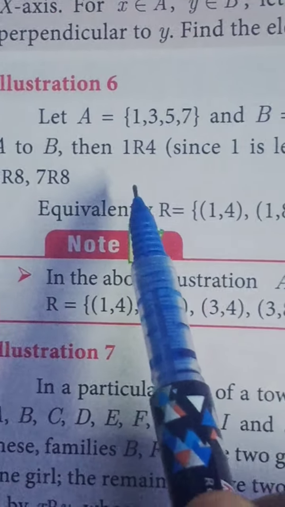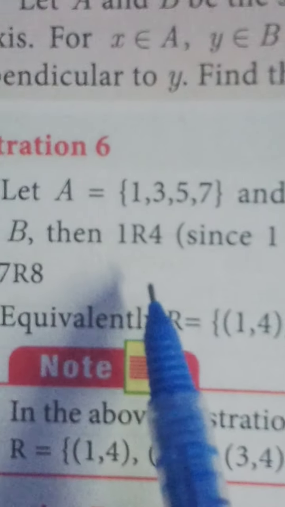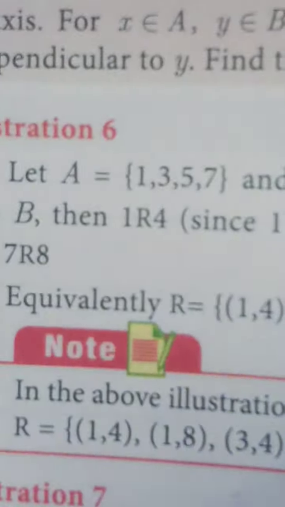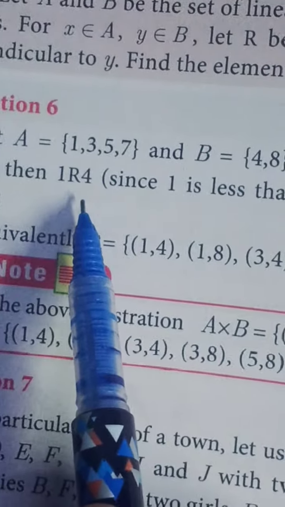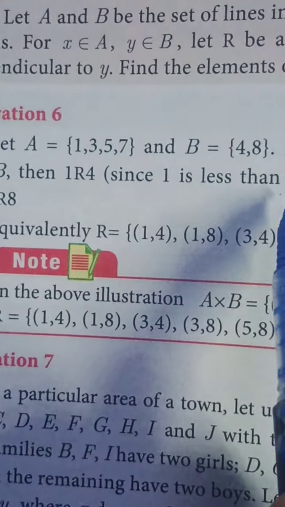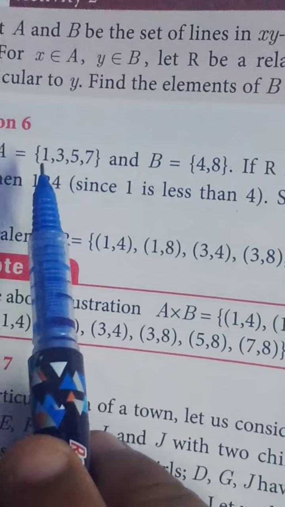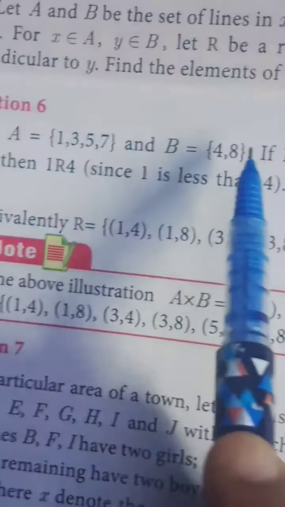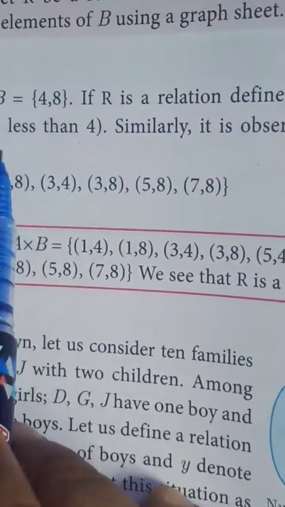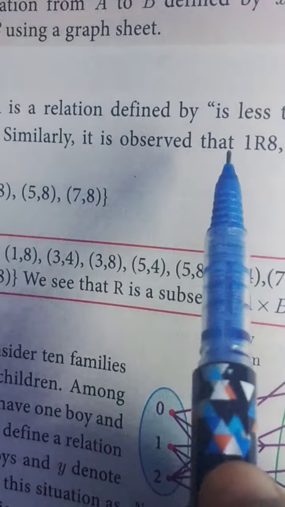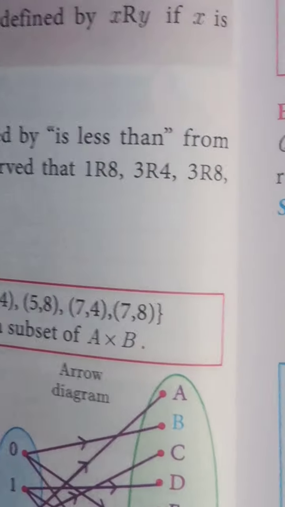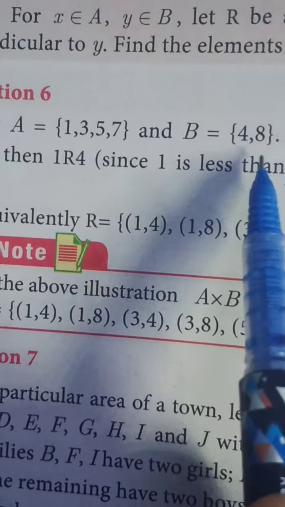Then 1 is related to 4. Obviously, because what is given is less than, correct? 1 is less than 4. Since 1 is less than 4, 1 has to be taken from set A, 4 has to be in the set B. Similarly, you can write 1 is related to 8, because what is the rule?